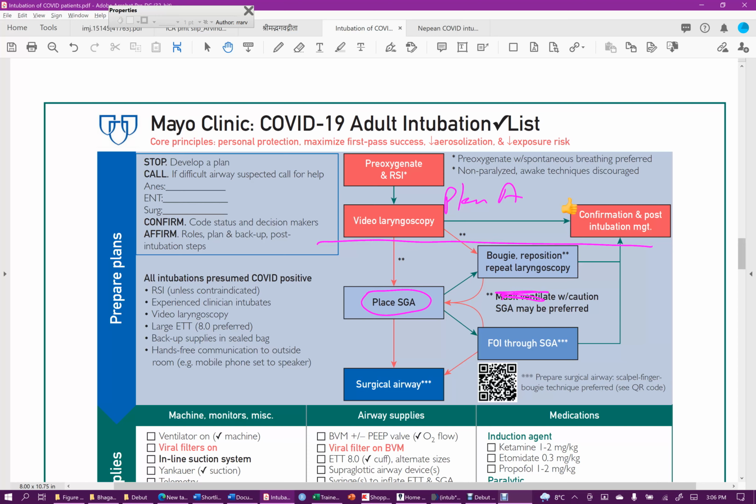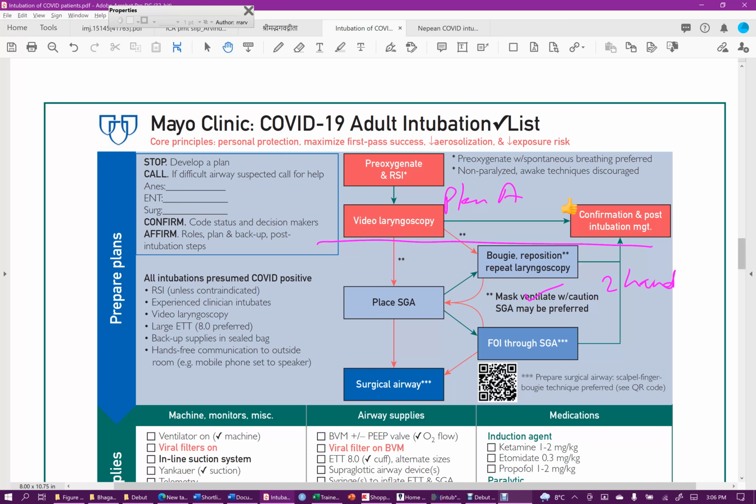However, if you absolutely need to mask ventilate, I would mask ventilate, but with two hands, a tight seal, and somebody else squeezing the Ambu bag for me.